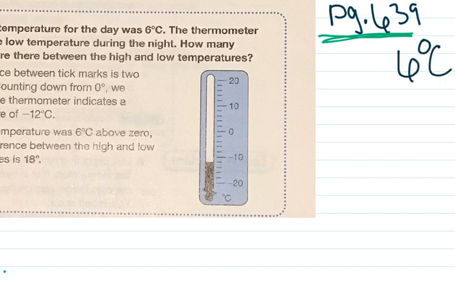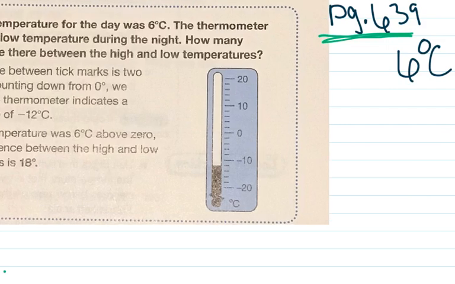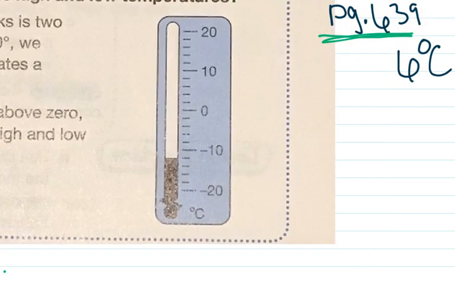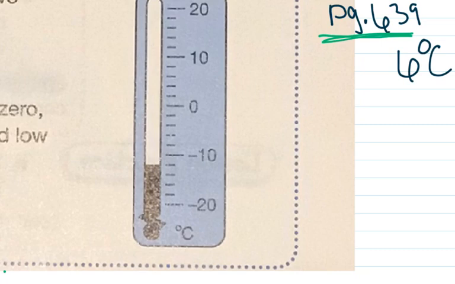Now, on our thermometer, it says that the low temperature is, if this is -10 and it's 2 tick marks for each little line, that means this line right here would be -12 degrees. So our low would be -12 degrees Celsius. Now, where would the high temperature be on this thermometer?